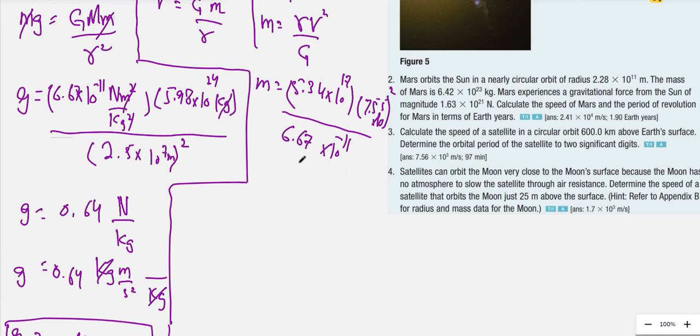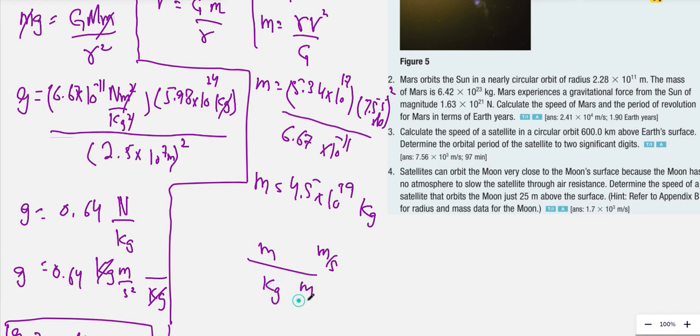Doing this, we get m equal to 4.5 multiplied by 10 raised to the power 39, and we know that mass will be in kilogram. Also you can solve the units. For example, the unit of radius is meter, the unit of velocity is meter per second, and the unit of the gravitational constant is kilogram meter per second square.